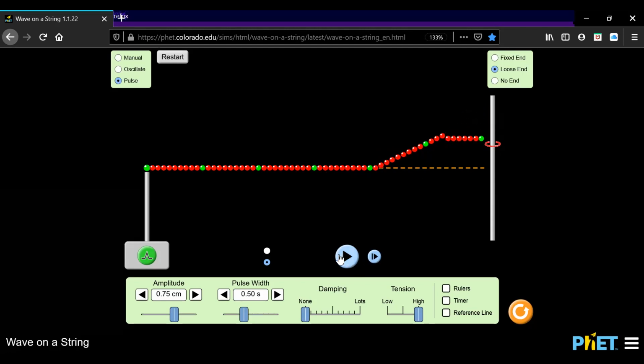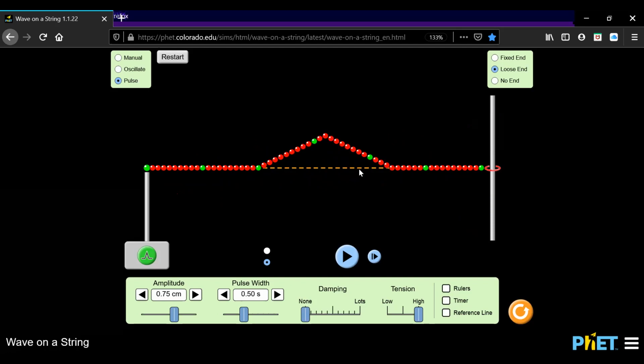And so we can play it now, and I'll show you the full effect. So under, and now bouncing back, over, bounce back, under, bounce back, over, bounce back. So that is what happens when a pulse hits a specific boundary.